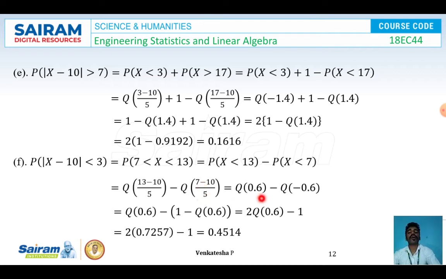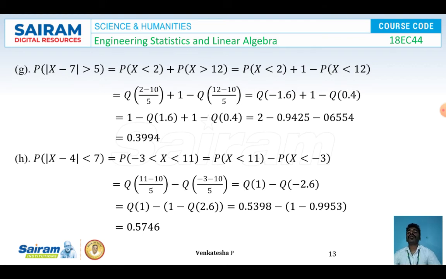So it will be equal to Q(0.6) minus Q(−0.6). Converting it to a positive argument, we have Q(0.6) minus (1 minus Q(0.6)). It will be equal to 2 times Q(0.6) minus 1. The Q(0.6) is given by 0.72757 from the normal distribution table. On simplifying this, we got the value 0.4514.